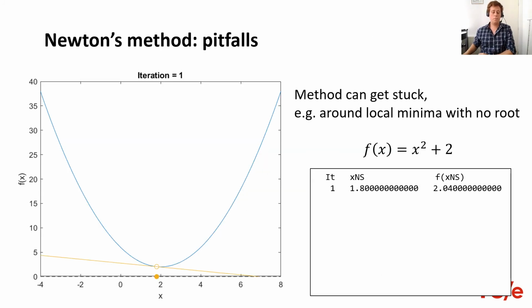Now, another pitfall is that the method can get stuck, for instance around local minima, where there is not even a root or a 0. In contrast to bracketing methods, where you always have an interval in which you are guaranteed to have a zero of the nonlinear function, these open methods do not guarantee the existence of a 0 at all.